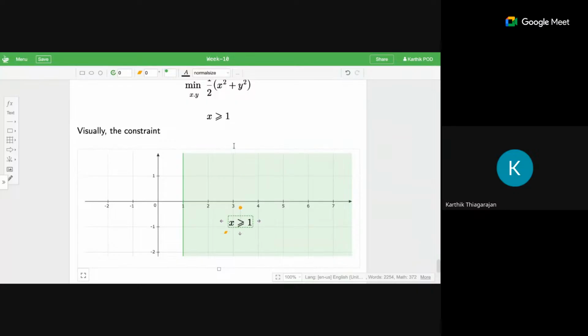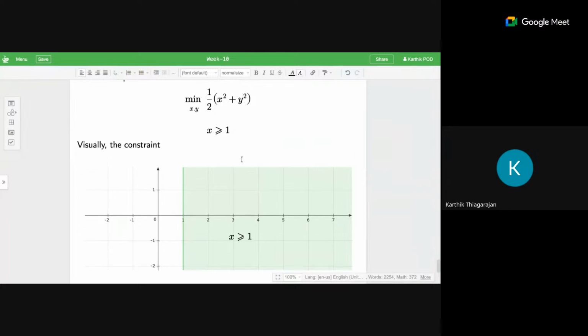So that's the constraint. Now what is x square plus y square going to look like? It's going to look like a bowl, right? So it's like a bowl centered at the origin. If you think about it, this is like a sheet of paper and you are placing a bowl on top of it, on top of 0.